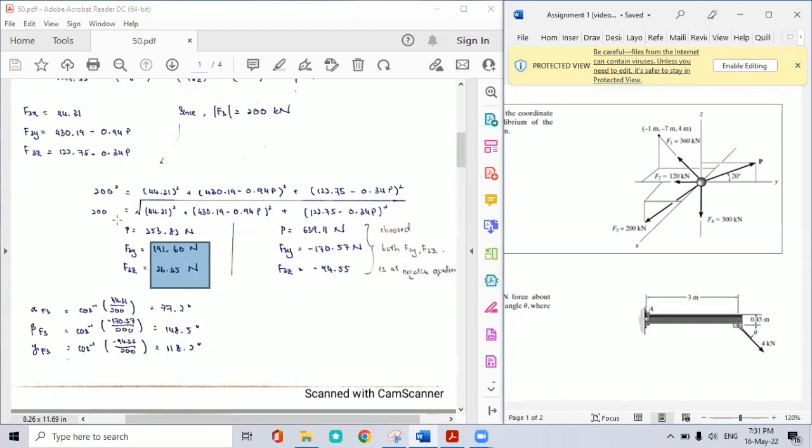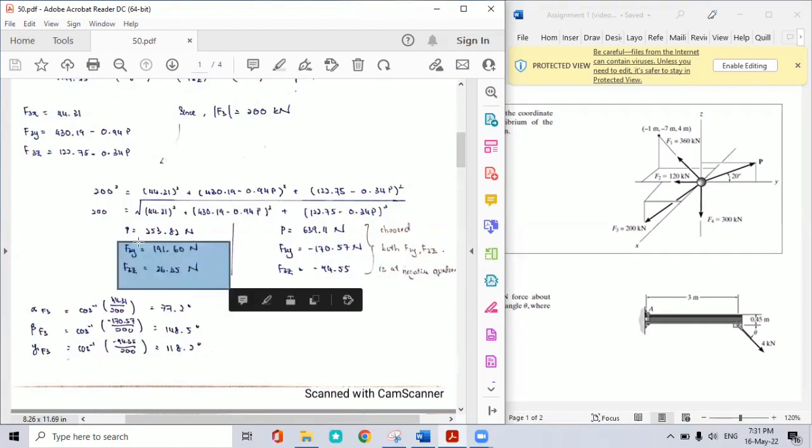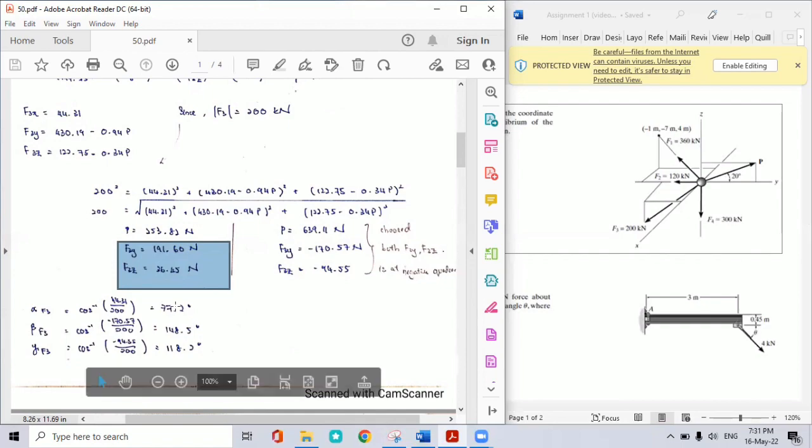The P calculated has positive values, and the third force calculated has positive values. This means the third force will be located at the positive regions of the graph, which is 191.60, at the positive y here and the positive z here.